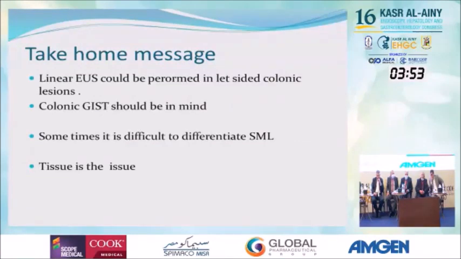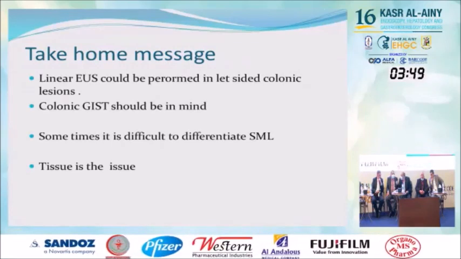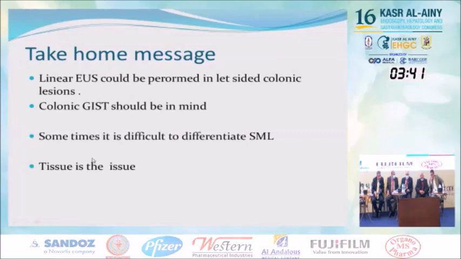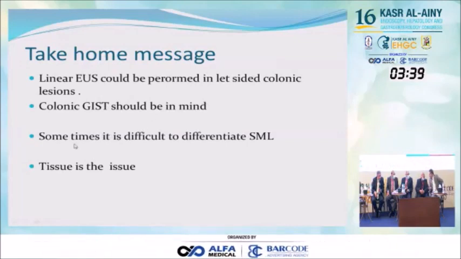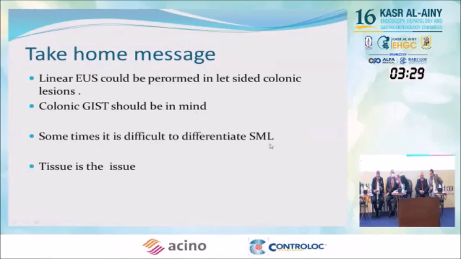So to summarize, our take-home message for this video: linear EUS could be performed for left-sided colonic lesions. Sorry for the editing. Also, colonic cysts should be kept in mind. It is not very rare, it could happen. And sometimes it's difficult to differentiate, because tissue is the issue, as we mentioned before.